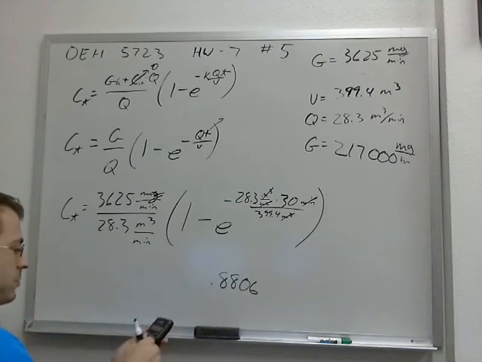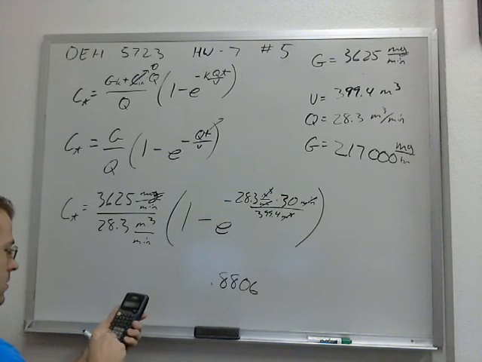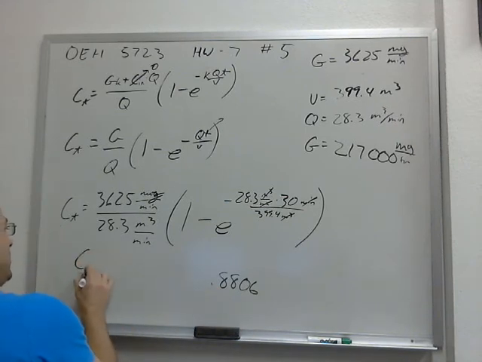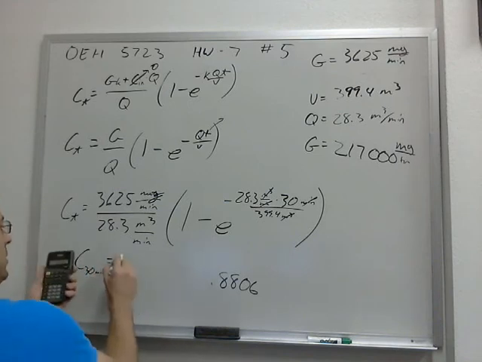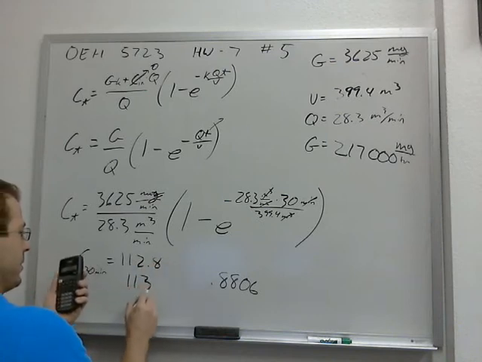And so when we type this all out, we find out that our C 30-minute equals 112.8 or 113.